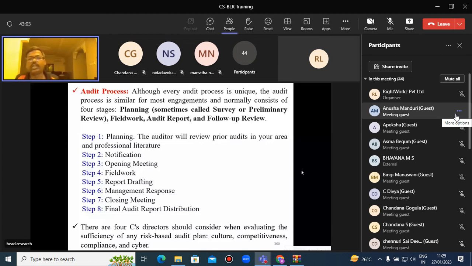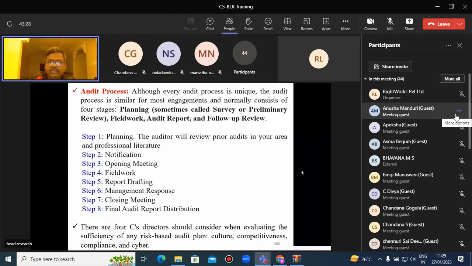Although every audit process is unique and different, related to security for every company, the audit process is similar for most engagements and normally consists of 4 stages.